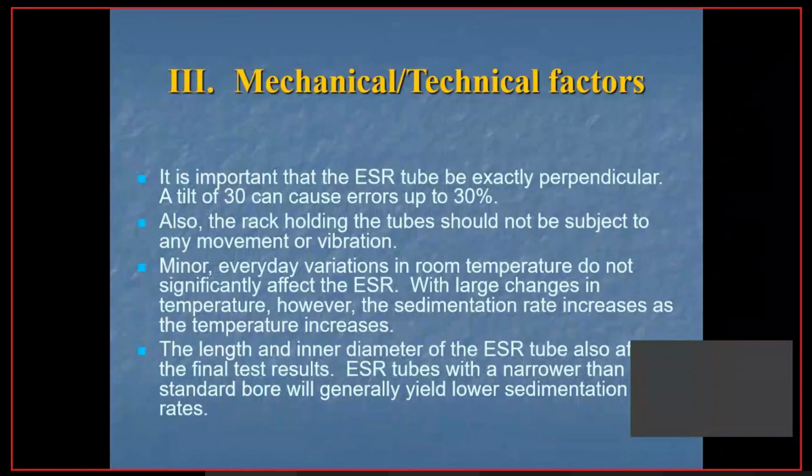The length and inner diameter of the erythrocyte sedimentation rate tube also affect the final test results. When there is a large inner diameter, the number of cells which are sedimented will also go down, because the area is high, the diameter is high.